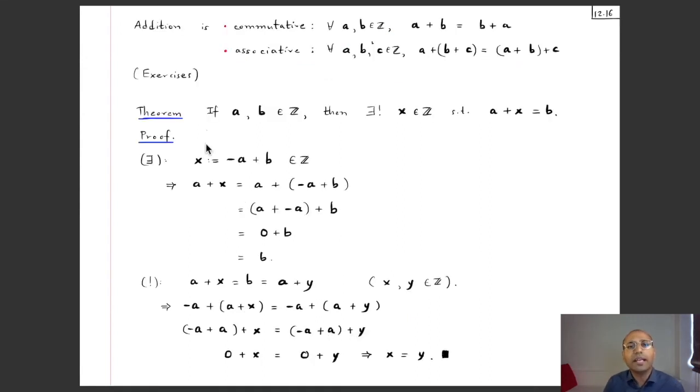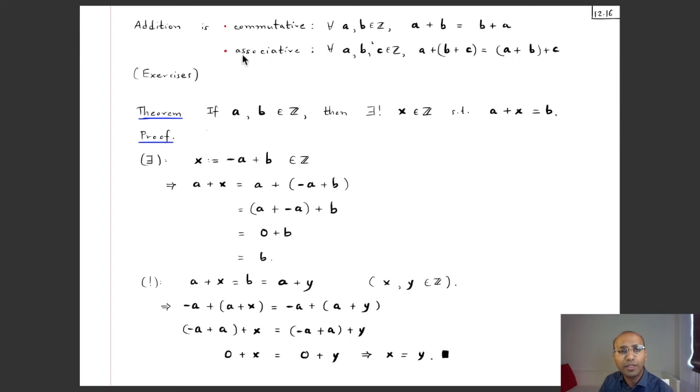So as I mentioned in the exercises, you will see that addition is commutative. In other words, for all a and b which are integers, a plus b is equal to b plus a. So I use boldface for integers, and of course then we know that they are really equivalence classes containing pairs of natural numbers and so on, but for succinctness we simply write it like this, using boldface.